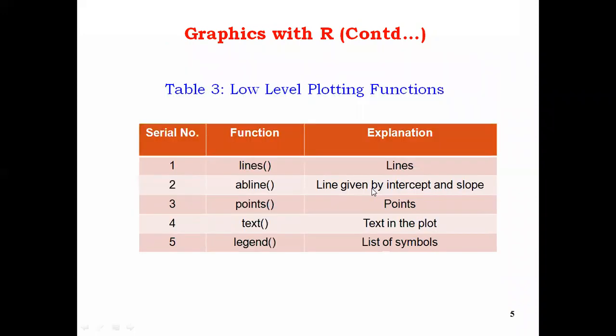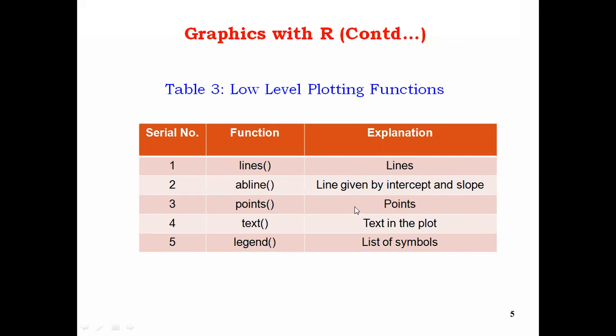Okay. So next you see low level plotting functions. Here I have given serial numbers 1 to 5, and these are the functions and these are the explanations. Functions are written like this, lines within brackets. Explanation: this means lines.